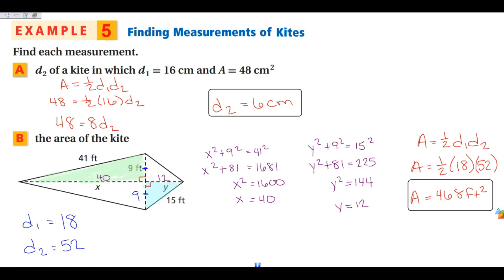And the new one today for sure is definitely those kites and those rhombuses. So what we're going through today is just making sure that we understand how we can use those formulas to find missing information and to use our special right triangles and our Pythagorean theorem to help us find missing pieces to plug into our area formulas.